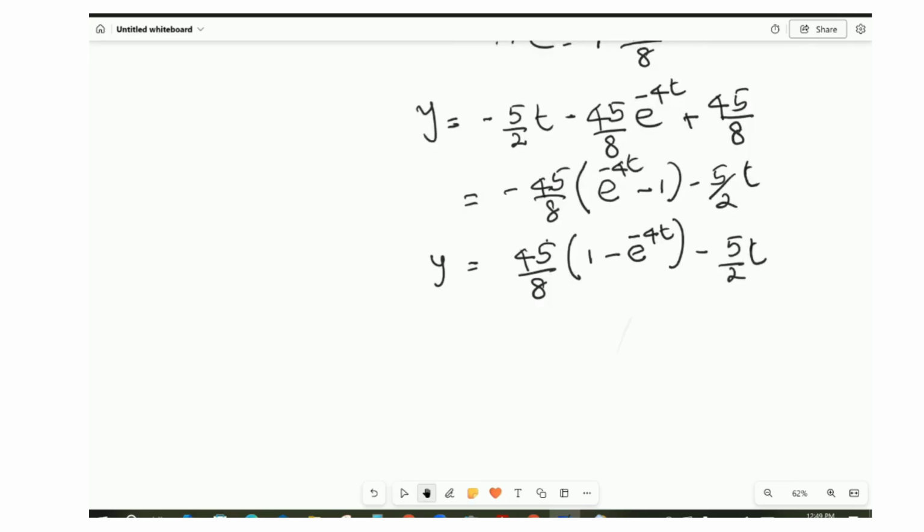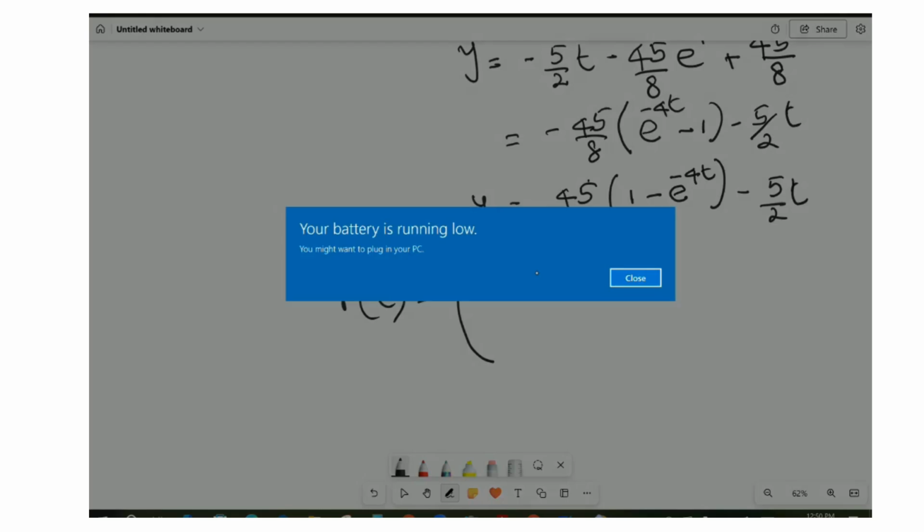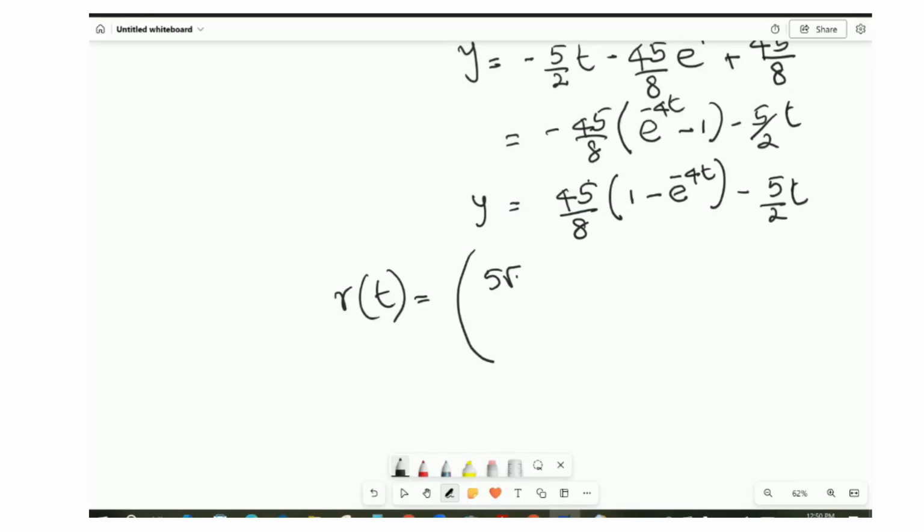So therefore the displacement vector r(t) is equal to 5 square root of 3, 1 minus e to the power minus 4t, 45 divided by 8, 1 minus e to the power minus 4t minus 5 over 2 t.